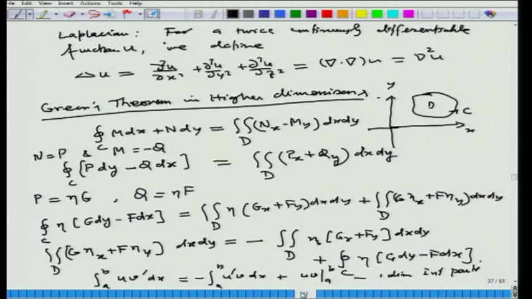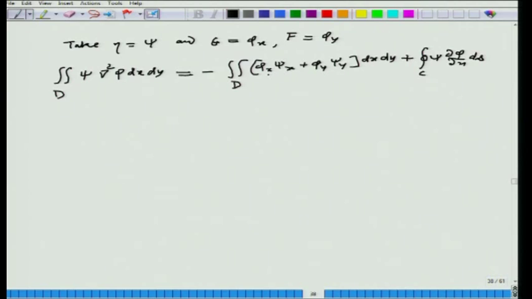In this term, g equal to phi x, so eta x means psi x, and f is phi y and eta y is psi y. So, we get this term here with a minus sign. This can also be written slightly differently like this, and this is the dot product of the gradient of phi with the gradient of psi.